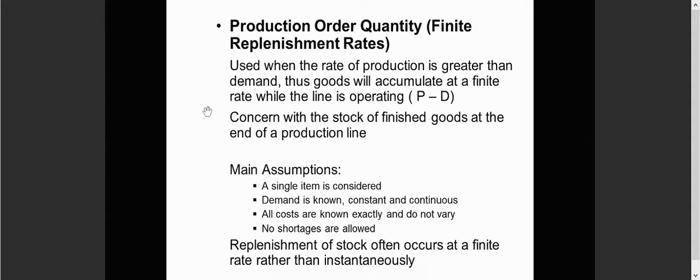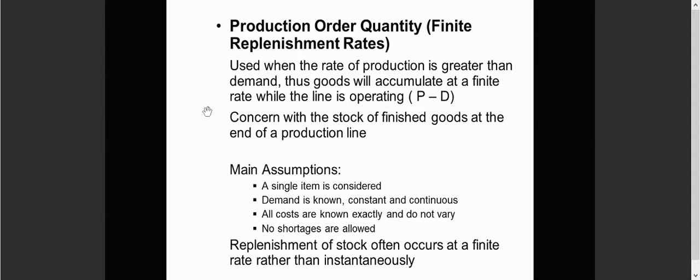So the next model under the topic of deterministic model is production order quantity. This model is suitable to be used when the rate of production is greater than demand.